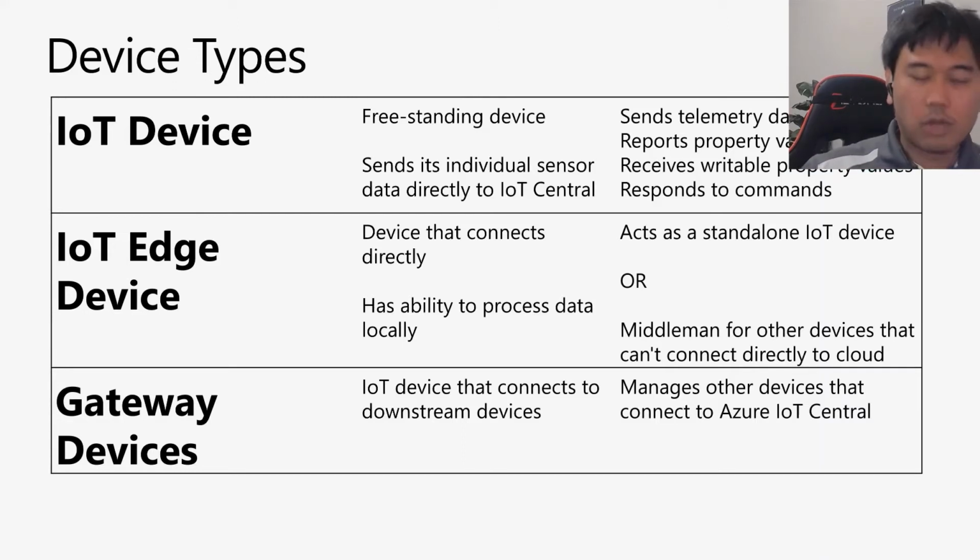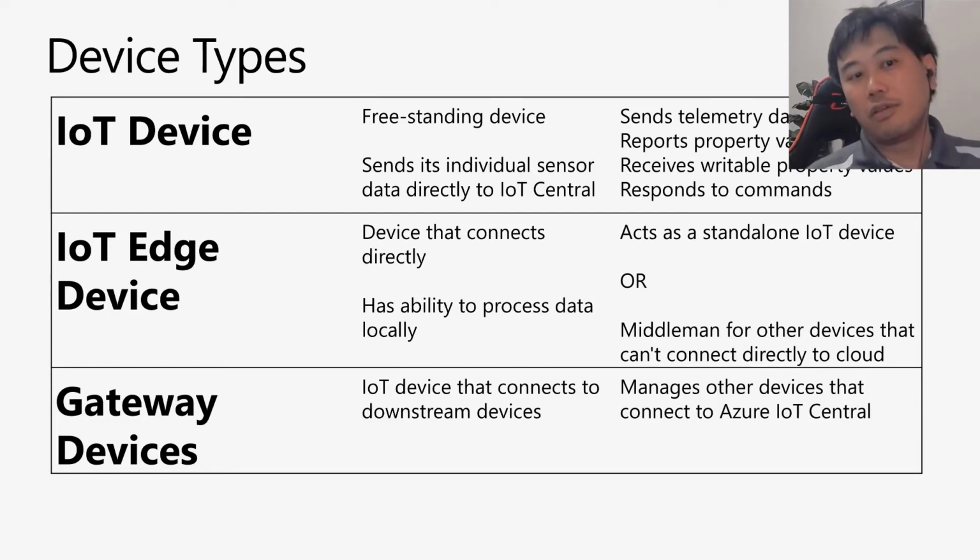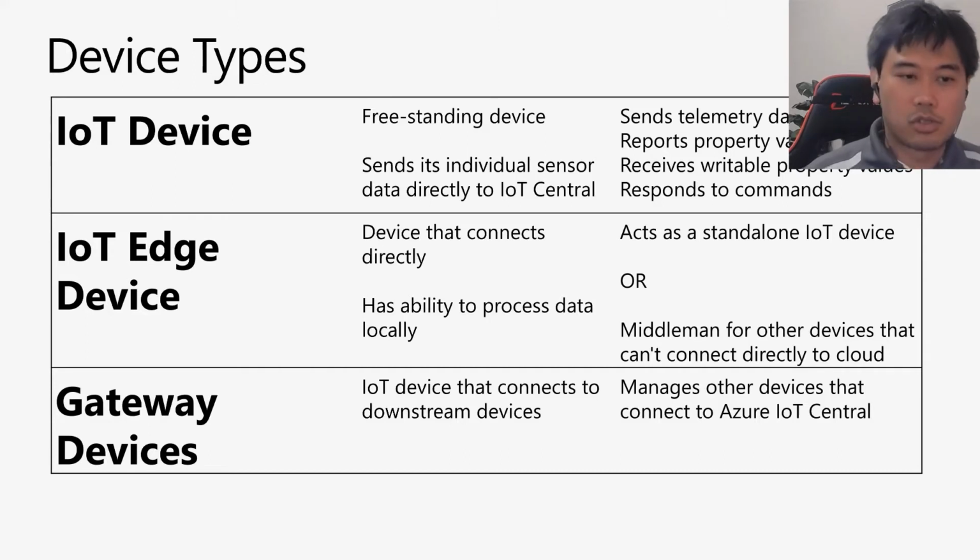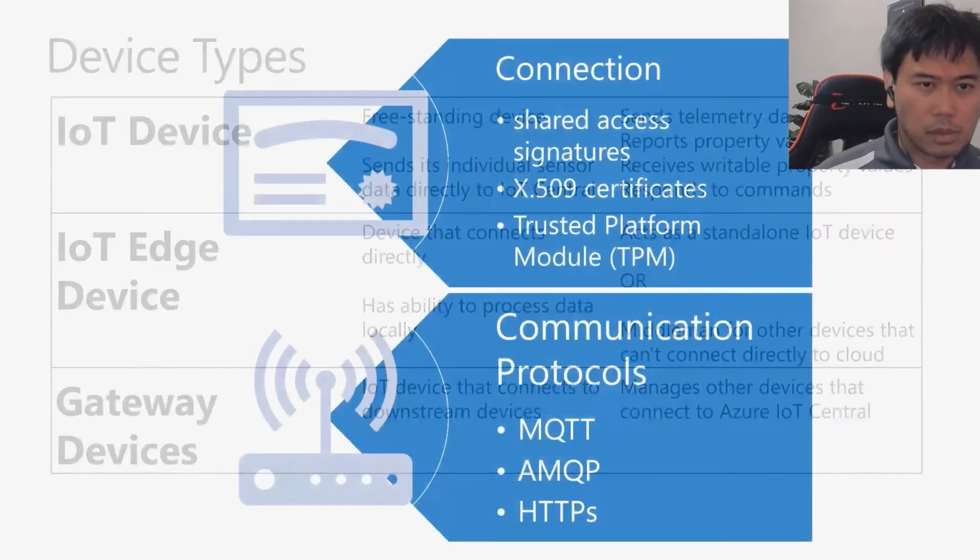The gateway device is kind of like a broker where it can receive data from IoT Central, and then these devices can send it on a different, maybe a different protocol, right? To send commands specifically to an IoT device. So those are the three things.